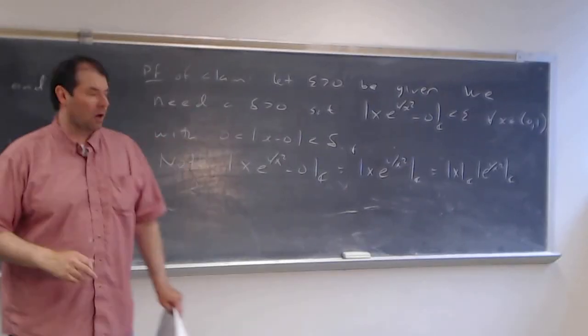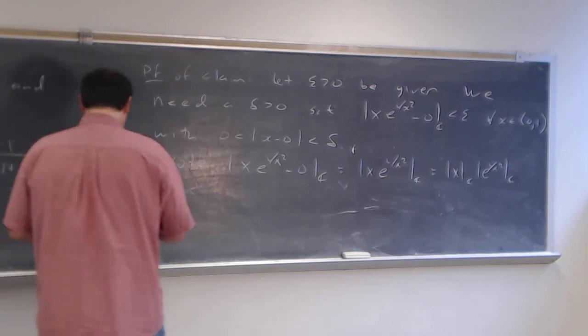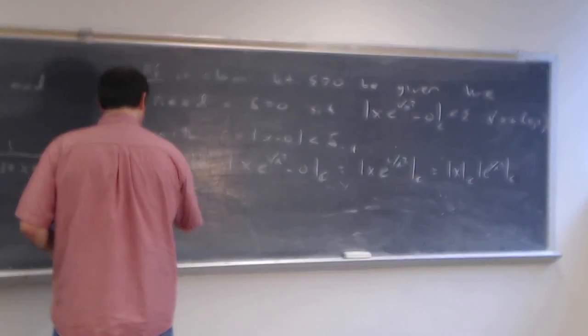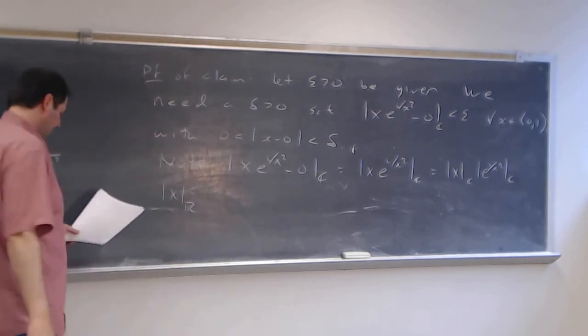But the complex norm of x is a real number, nothing more than the absolute value of x in the real number system.